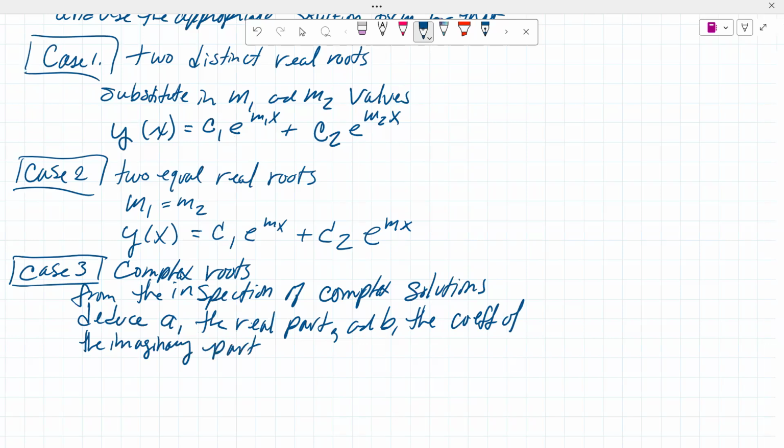And sub into the equation. Repeat for A2 and B2. All right, so a few things we need to remember.